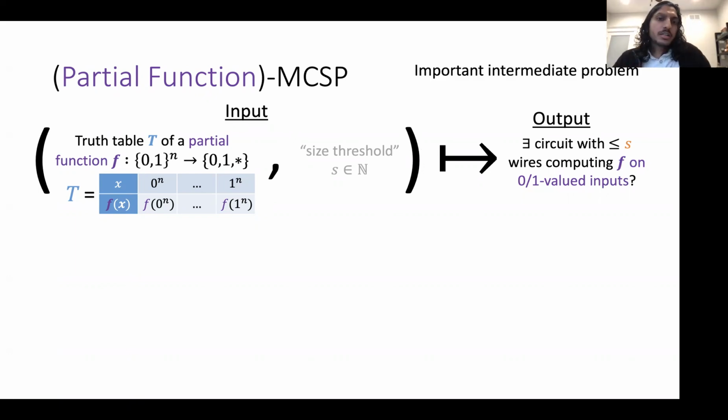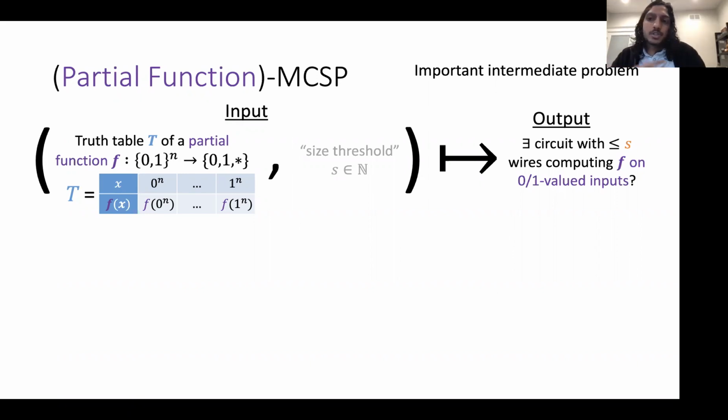Historically, this partial function version of MCSP has been an important intermediate problem. For that DNF MCSP hardness result, the way it's proved is by first showing the partial function version is hard, and then reducing the partial function version to the total function version.